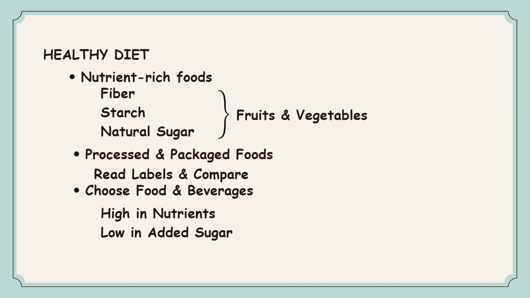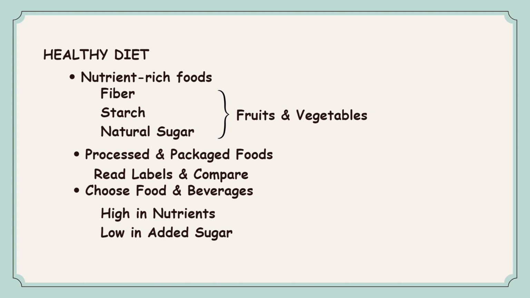A healthy diet should include 45 to 65% of calories from carbohydrates. According to the National Academies of Sciences, Engineering, and Medicine, eating a healthy diet now entails selecting foods that are as high in nutrients as possible.